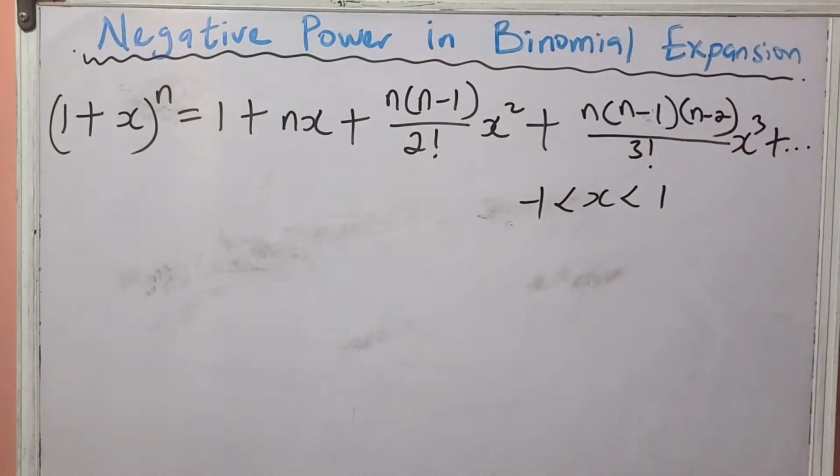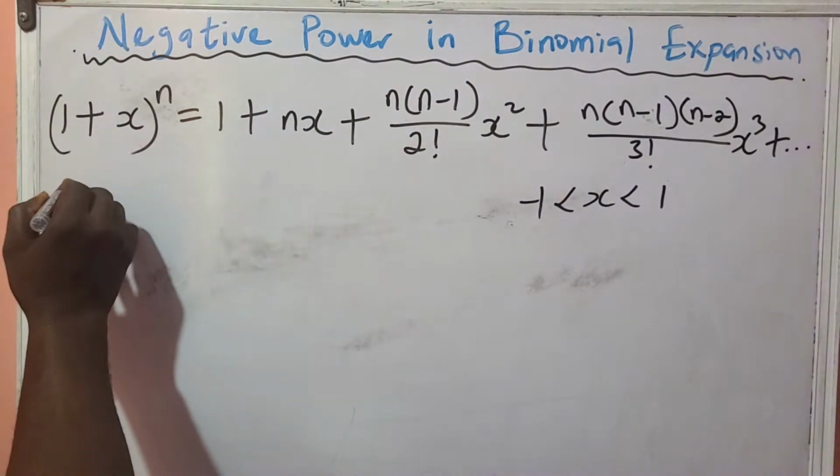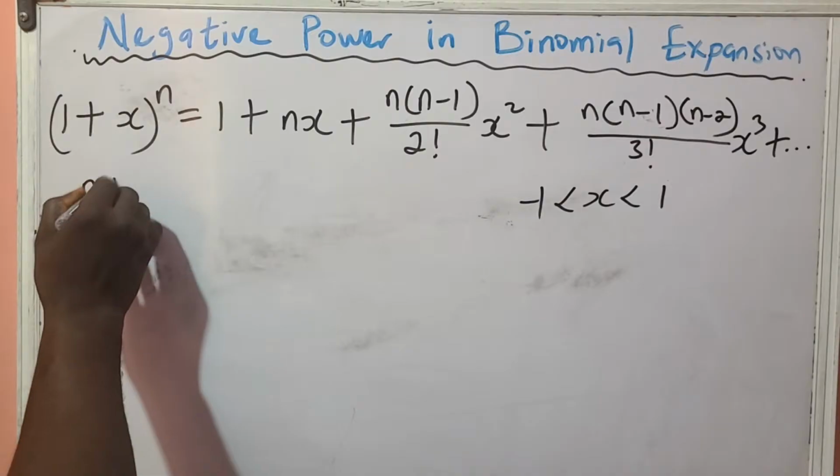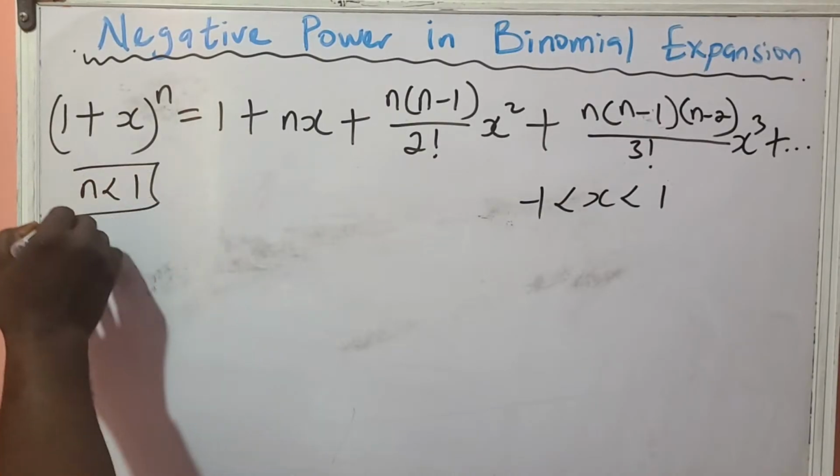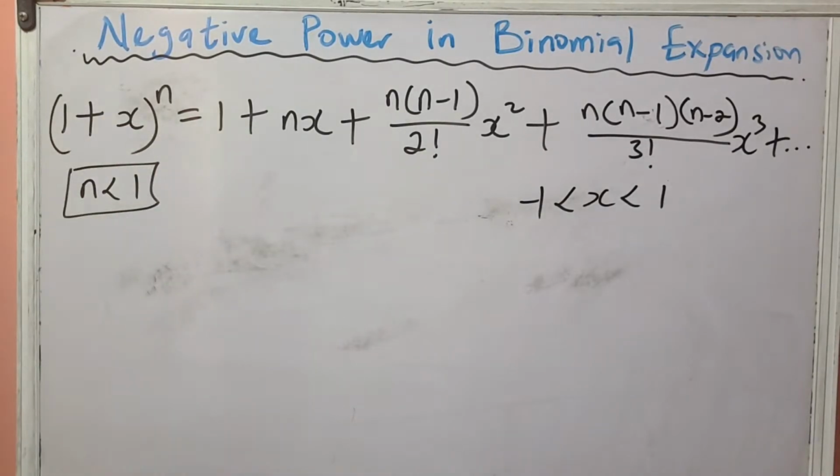So this is the general formula when dealing with negative power. Now you need to know that in this case, n is less than 1. That means n is a negative number.